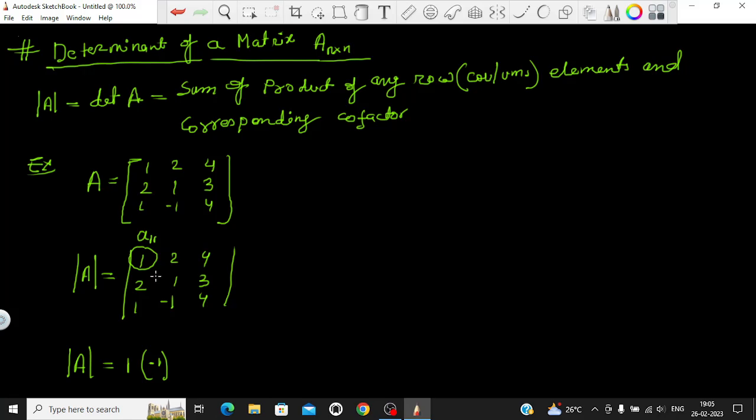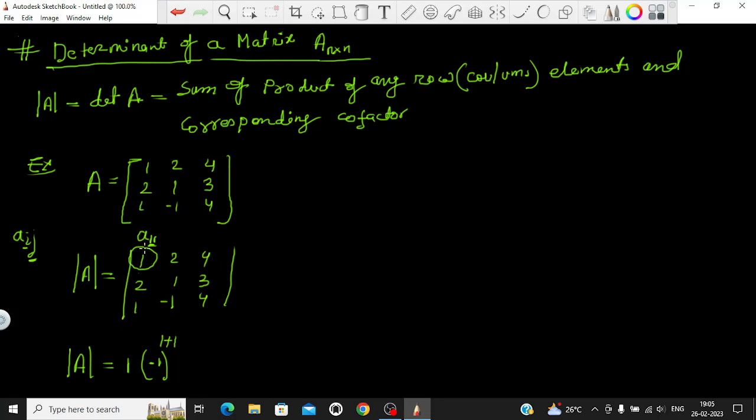Any element we can denote a_ij, where i is row and j is column. Here i value is 1 and j value is also 1, so it is in first row and first column. So minus 1 to the power number of row plus number of column, 1 plus 1.